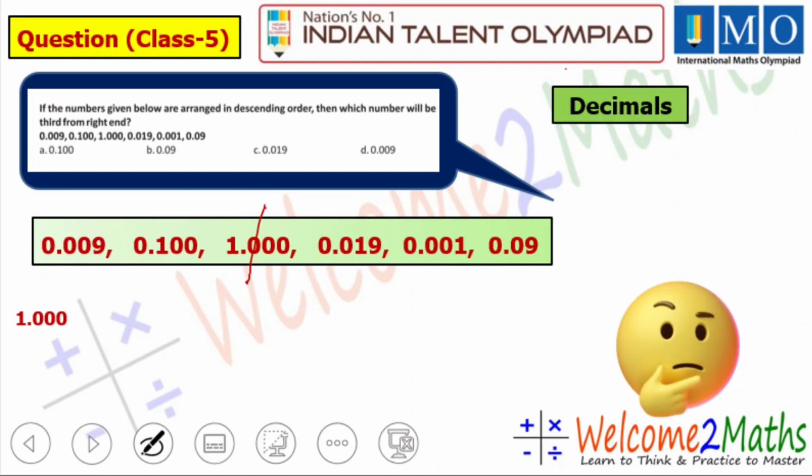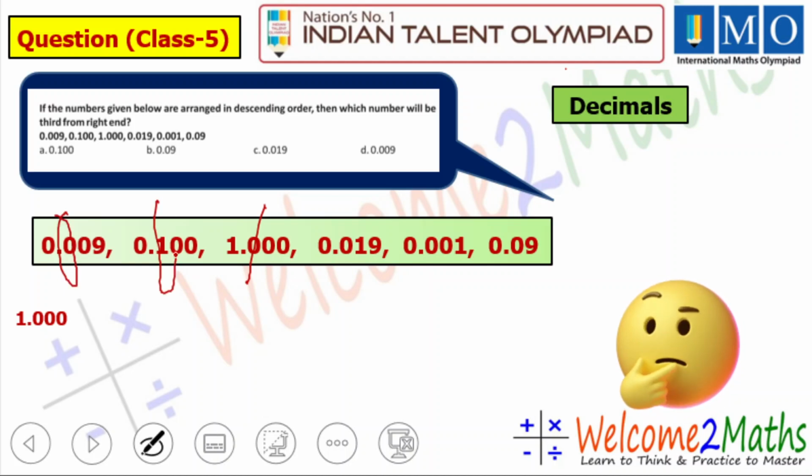We have already compared the whole number parts, and we have seen that in the whole number part all the numbers have 0. So now what we have to do? We have to compare the fractional part, and we'll start by comparing the 10th digit first. Here you can see in this number it's 0.